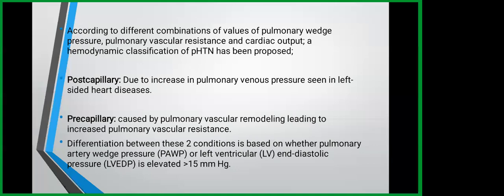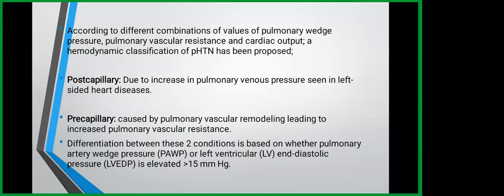Pre-capillary is due to pulmonary vascular remodeling, which leads to increased pulmonary vascular resistance and over time gives you pulmonary hypertension. So groups 1, 3, and 4 will be pre-capillary.